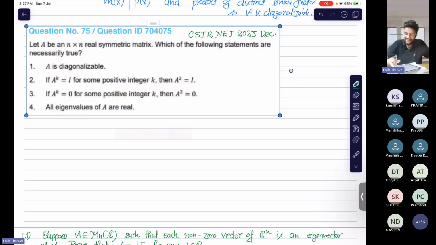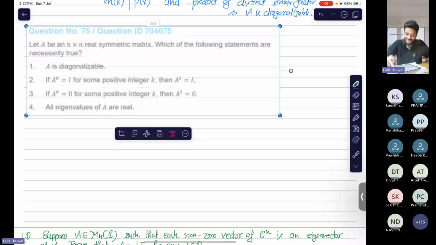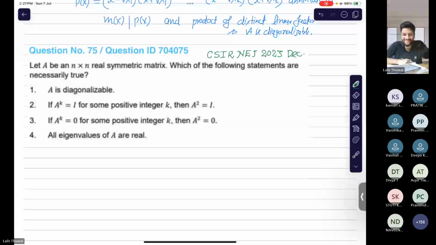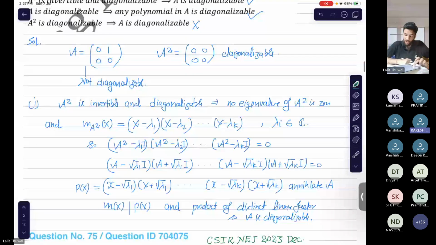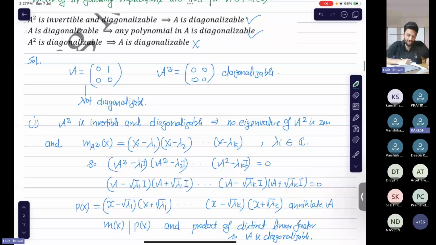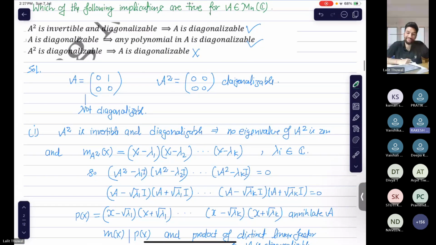Sir, in the previous question, I have a counterexample for option A. The option says that A square is invertible and diagonalizable.